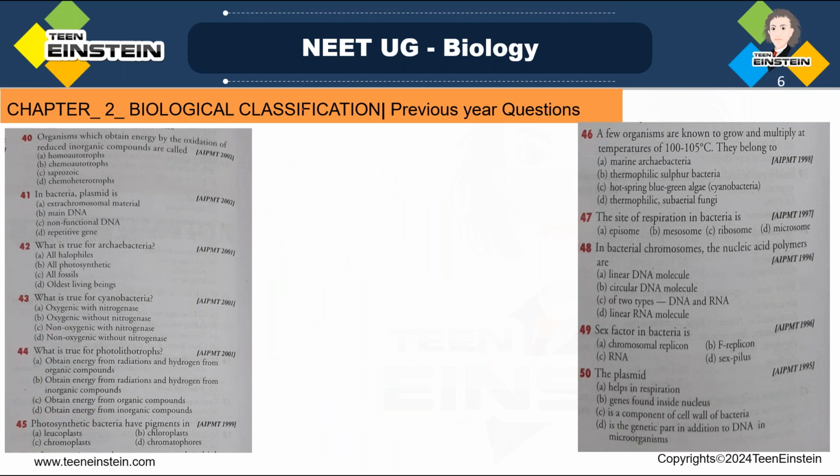Next, question number 48. In bacterial chromosome, the nucleic acid polymers are: option A, linear DNA molecule; option B, circular DNA molecule; option C, of two types, DNA and RNA; option D, linear RNA molecule.